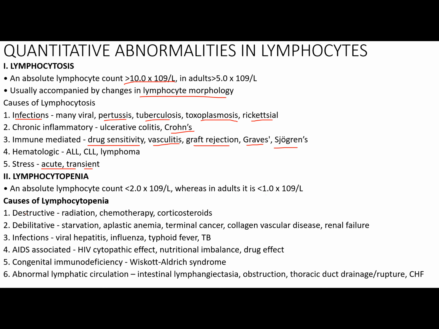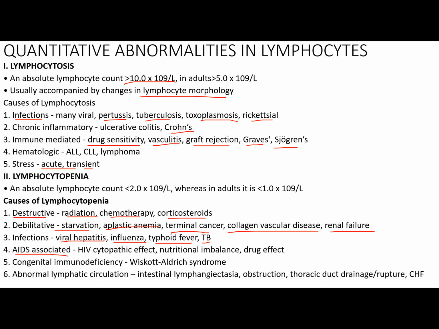Causes of lymphocytopenia would include destructive, seen in radiation, chemotherapy, or corticosteroids. Debilitative would include starvation, aplastic anemia, terminal cancer, collagen vascular disease, and renal failure. Infections would include viral hepatitis, influenza, typhoid fever, and TB.